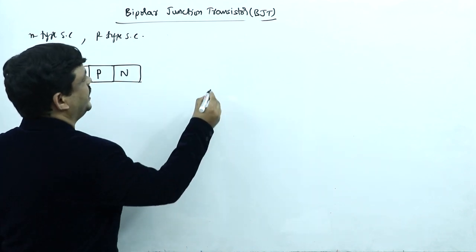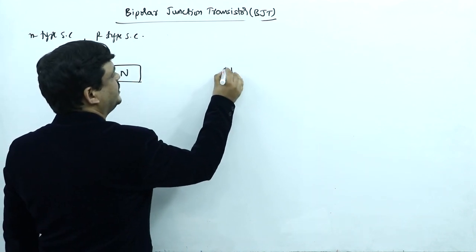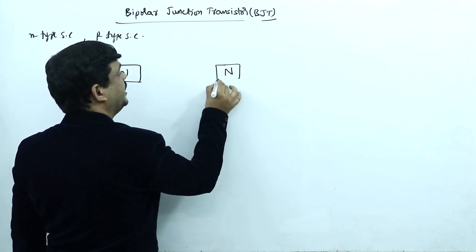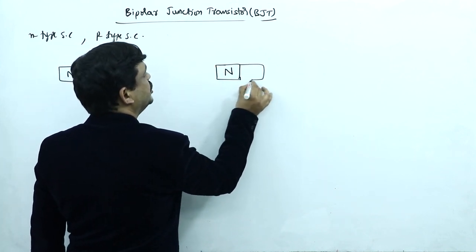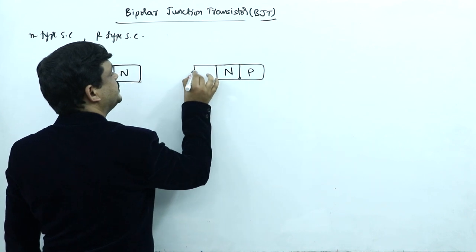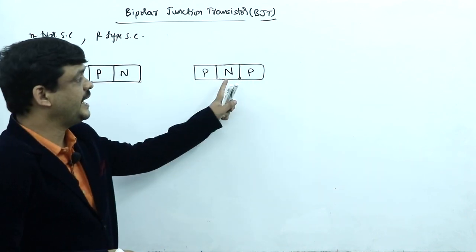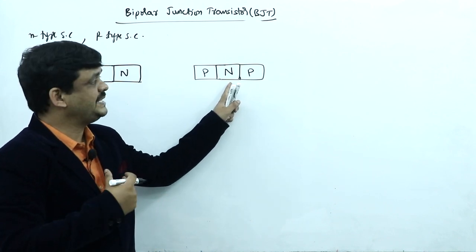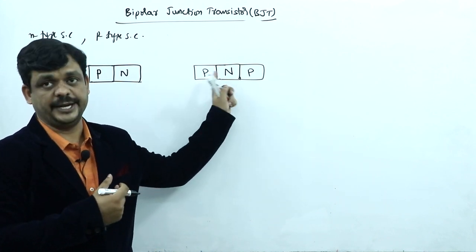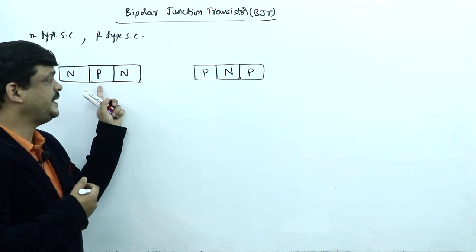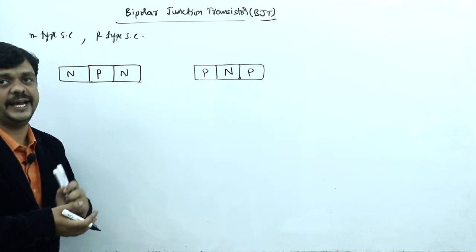And another process: I take one n-type semiconductor sandwiched in between 2 p-type semiconductors. If you take n-type in the middle, we perform the sandwiching with opposite semiconductors: here p-type, and this is p-type, and these two are n-types.